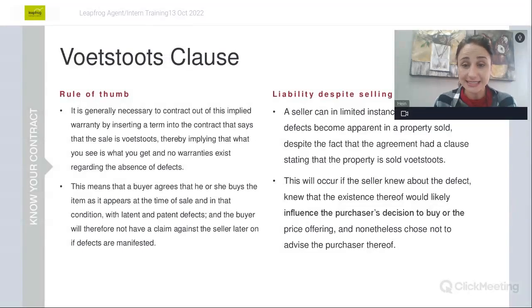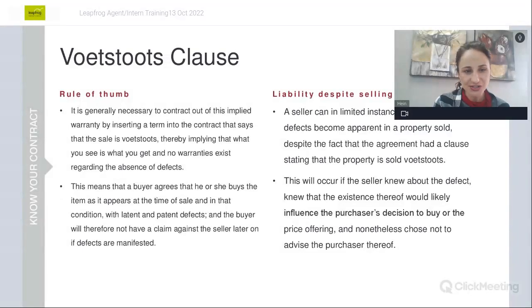And so accidentally in that sale agreement, there wasn't a Voetstoots clause. And we had to bring it in, which was so difficult and so awkward, because now we had to go back to our buyer and say, we're bringing in this clause. And our buyer's first question was, why, is something wrong with the property? Which isn't the case. It's just a normal retail transfer sale, and the agent forgot to use the right template, which has that clause in there.